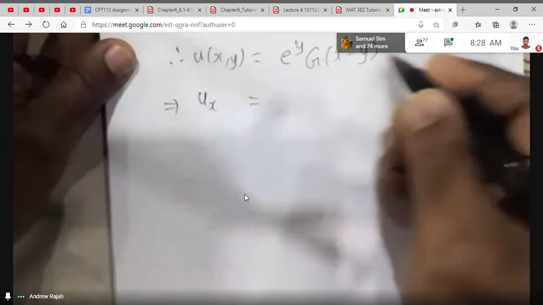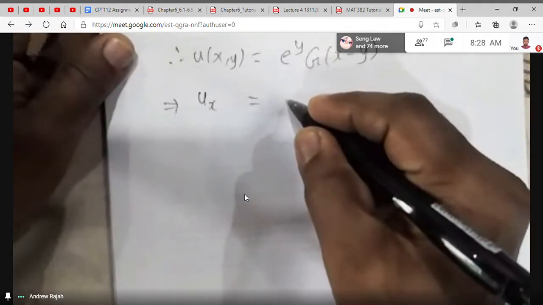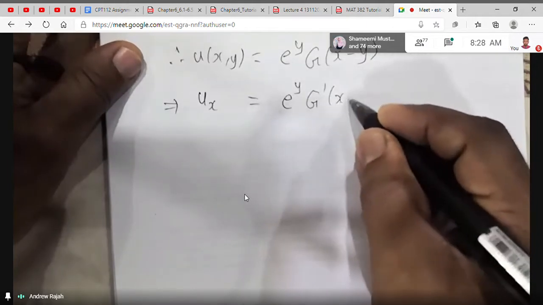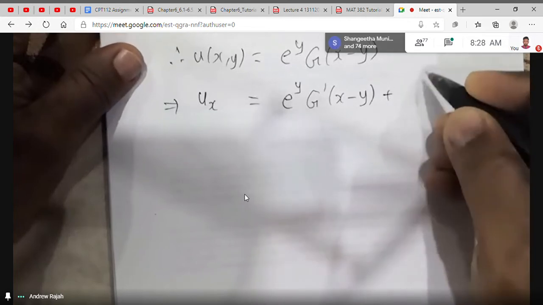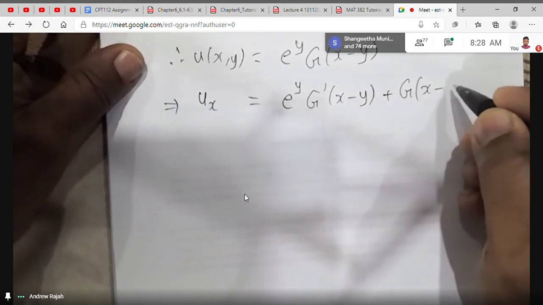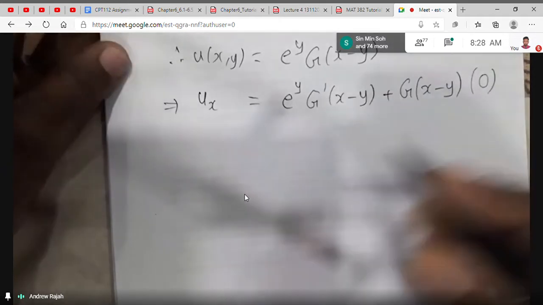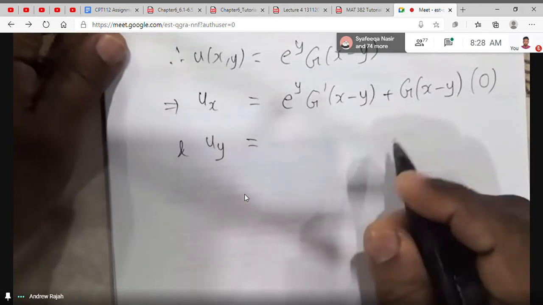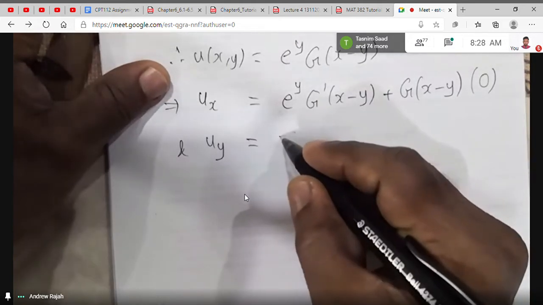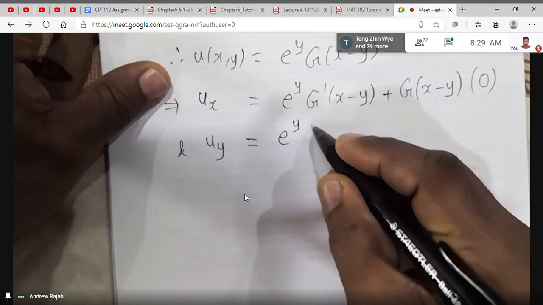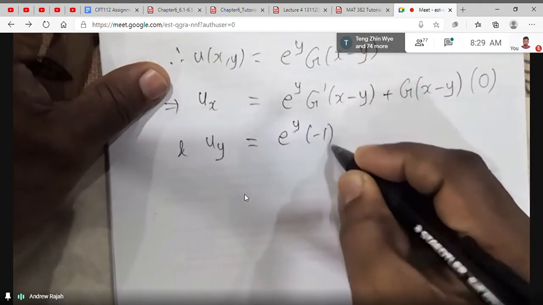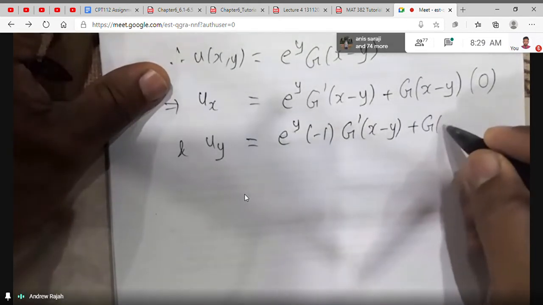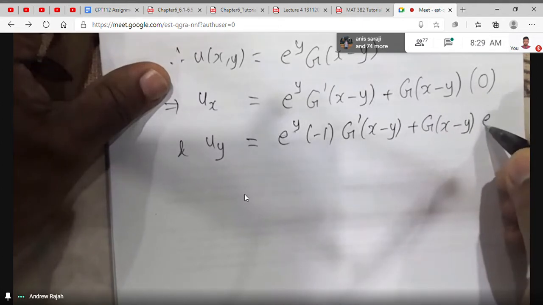u_x equals, can find or not? Differentiate. e to the power of y g prime of x minus y plus g of x minus y times by 0, and u_y equals e^y, differentiate, negative 1 g prime of x minus y plus g of x minus y e to the power of y.